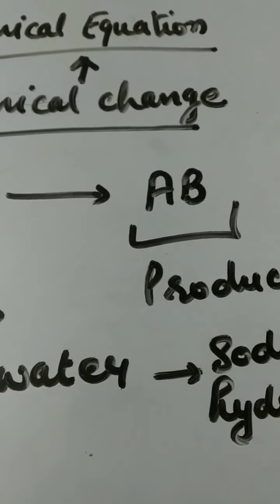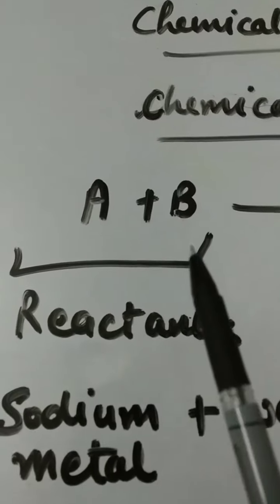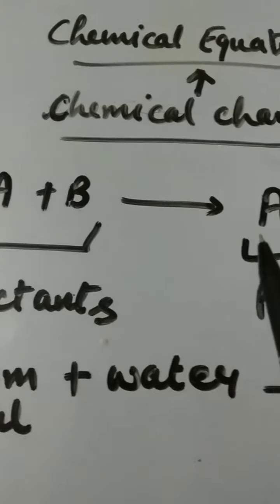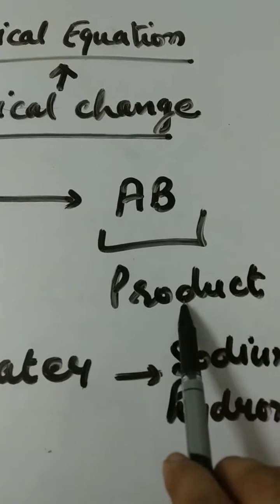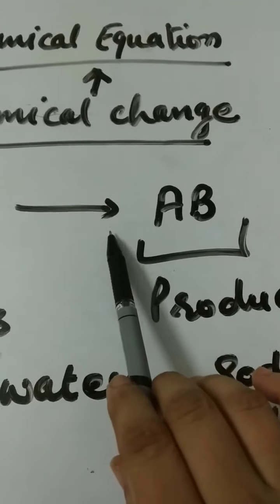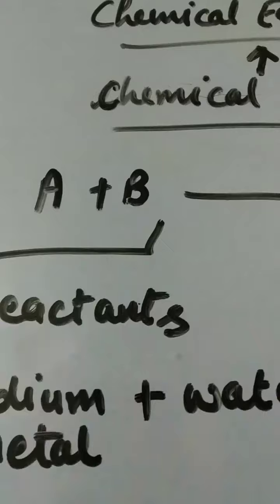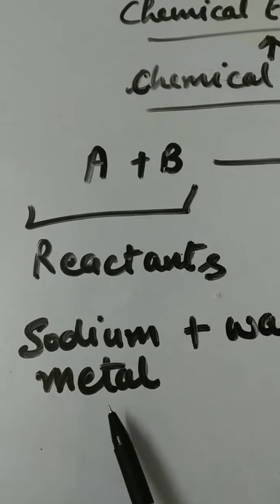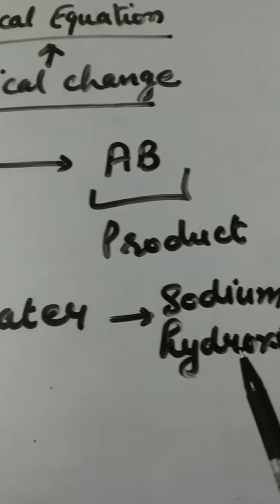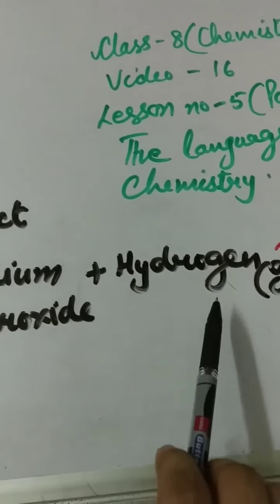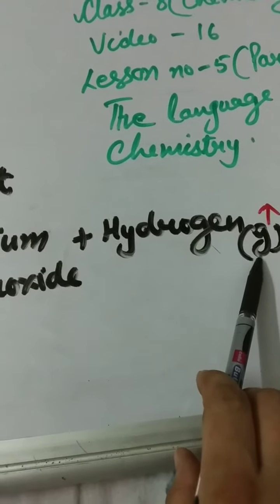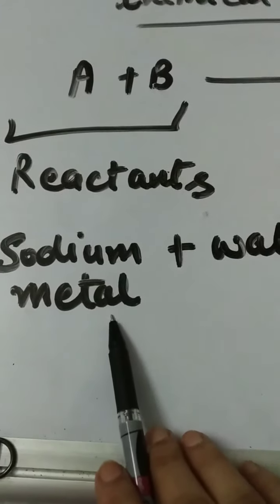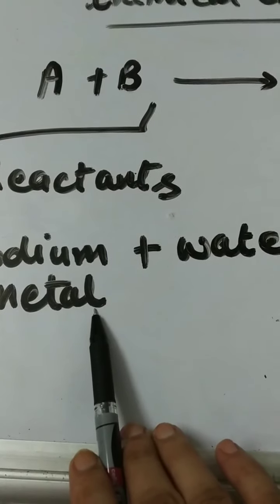In an equation, we mention reactants on the left side and products on the right side with an arrow between them. We know this equation: sodium metal plus water gives rise to sodium hydroxide and hydrogen, which is in gaseous form. This equation we call a word equation.